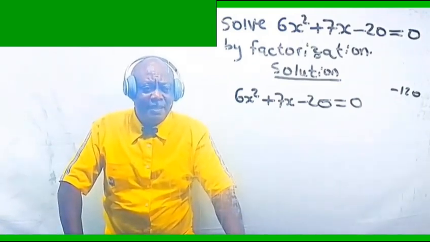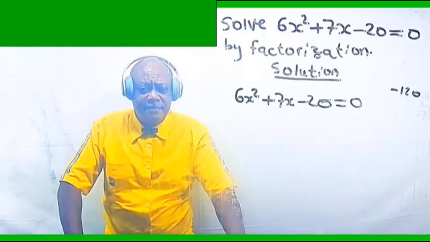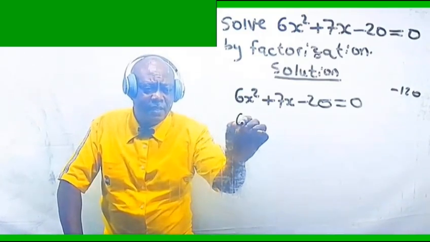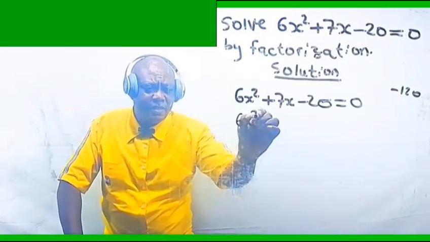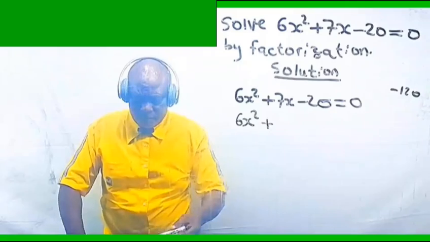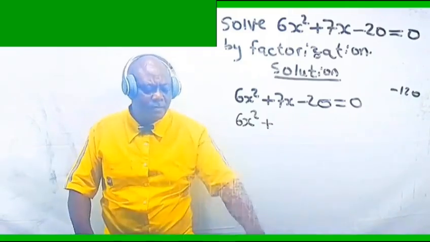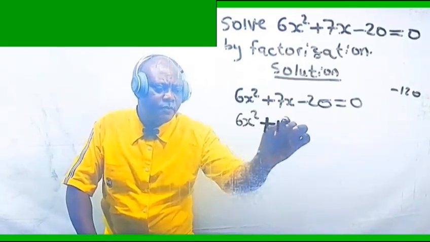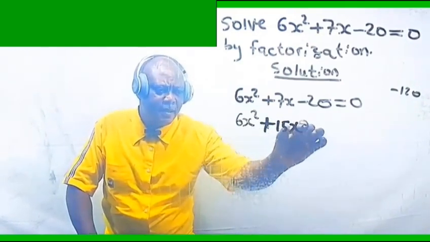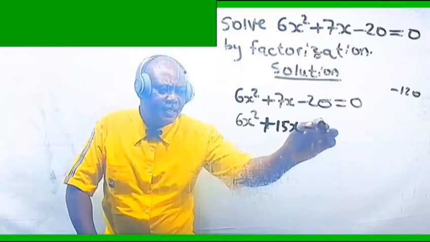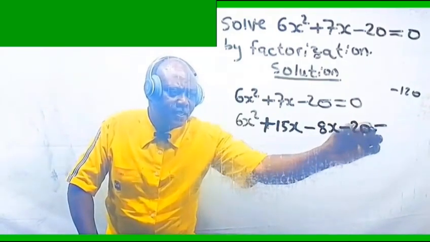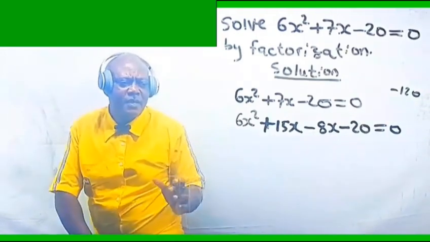So we replace 7x with 15x and minus 8x. Here you have 6x squared plus 15x minus 8x minus 20 equals 0.